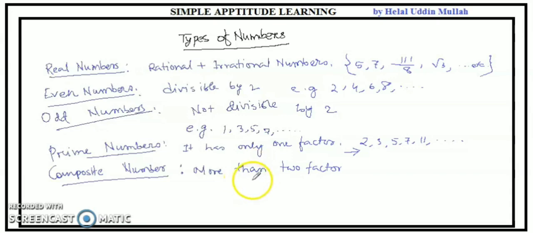Examples of composite numbers may be 4, 8, 9. 4 is divisible by 4 itself, 2 and 1, so it has 3 factors, which is more than 2. 8 can be divided by 1, 2, 4 or 8, so it has 4 factors. Similarly, number 9 can be divided by 1, 3 and 9, so it has 3 factors.